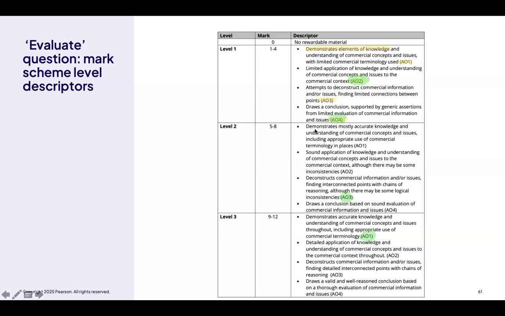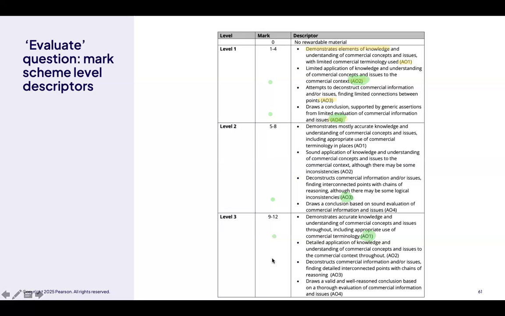So in green, what do we have here? 2 of our assessment objectives are in level 1. 1 of our assessment objectives is in level 2, and 1 is in level 3. Where on earth does an examiner place that particular response?